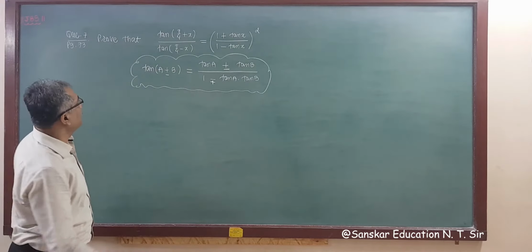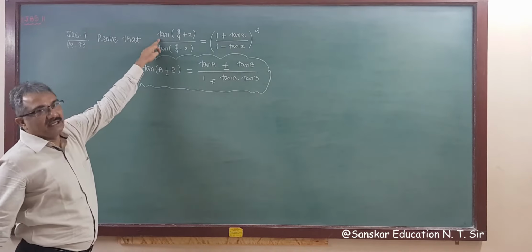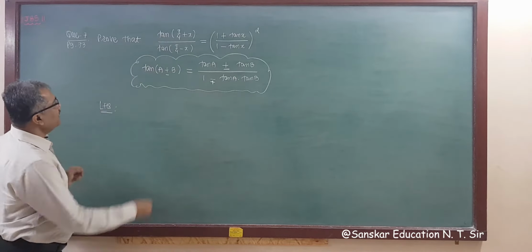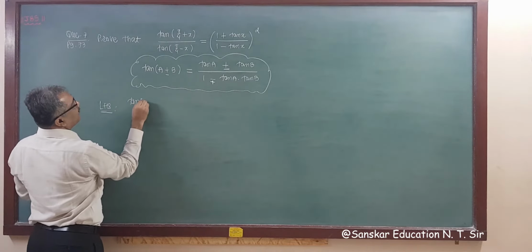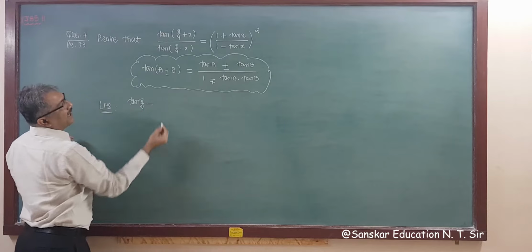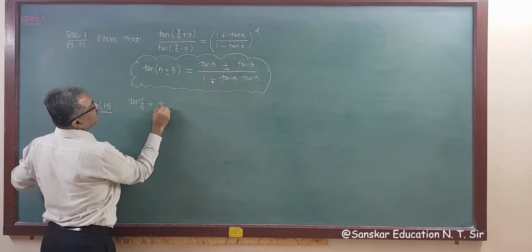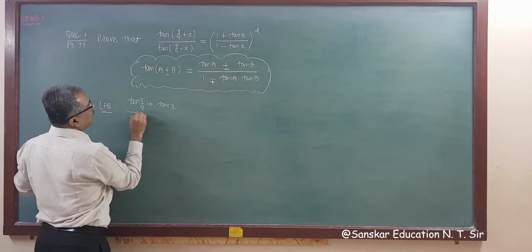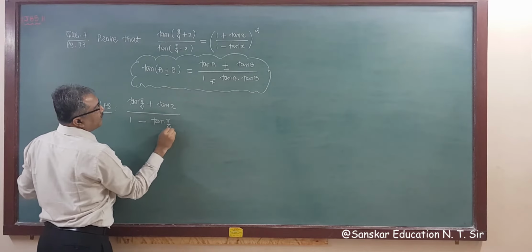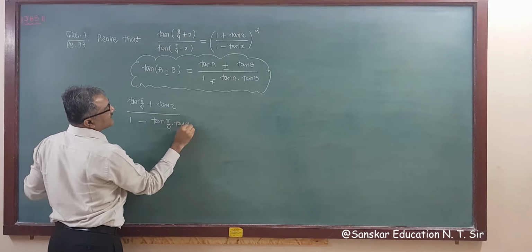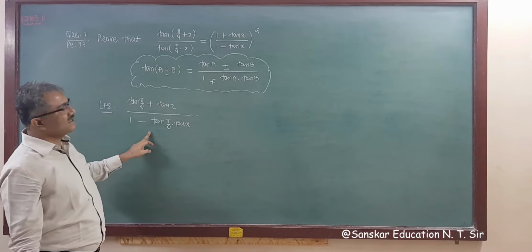So, applying this formula, I am writing the left hand side directly. The answer will be tan a, that is tan pi by 4, plus tan b, that is plus tan x, whole upon 1 minus tan pi by 4 into tan x.